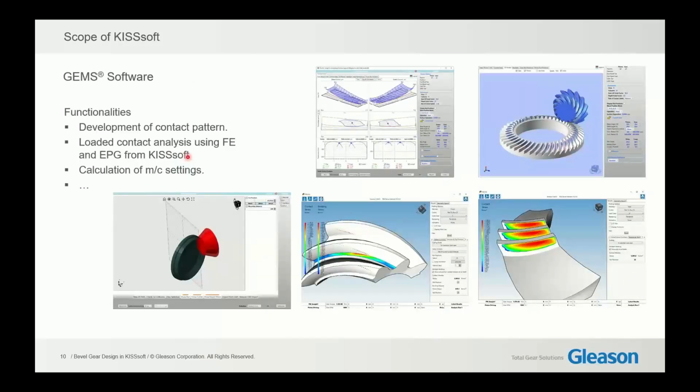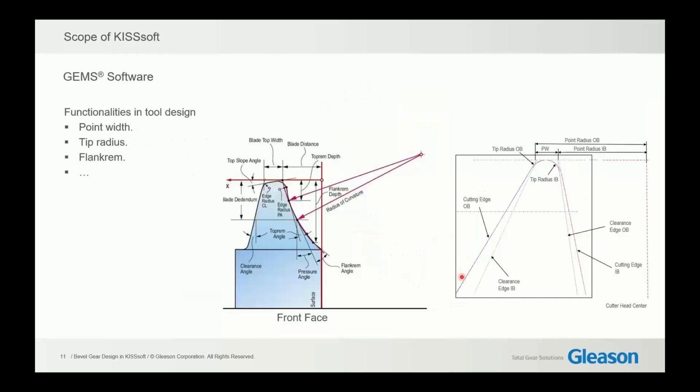On the next 2 slides, there are also some graphs from the GEMS software. We can see the development of the contact pattern in unloaded tooth contact, and a rating of a loaded tooth contact analysis using FE. Also quite important is the blade or tool design in GEMS.